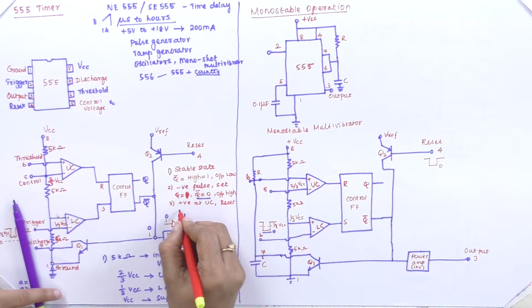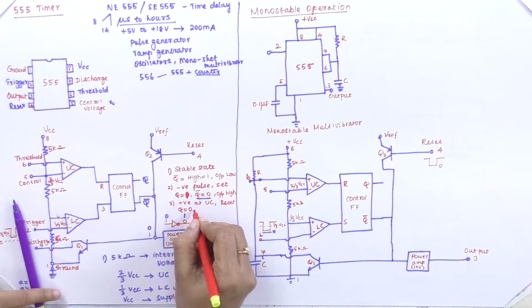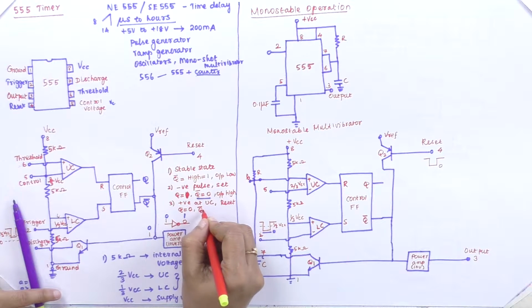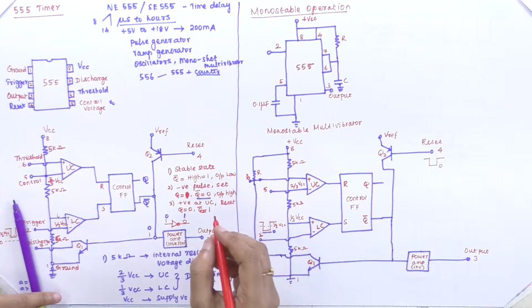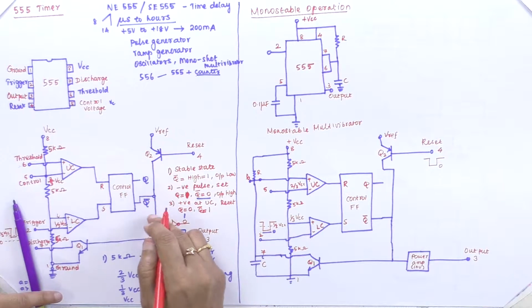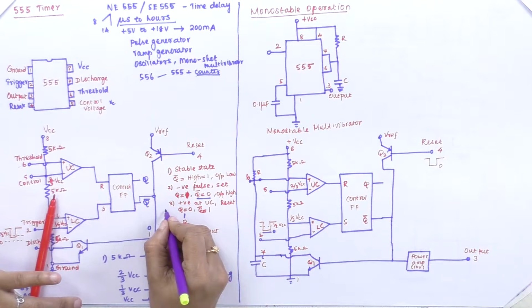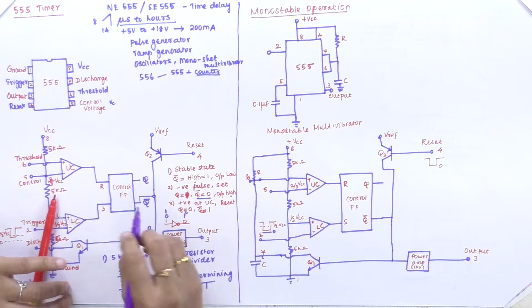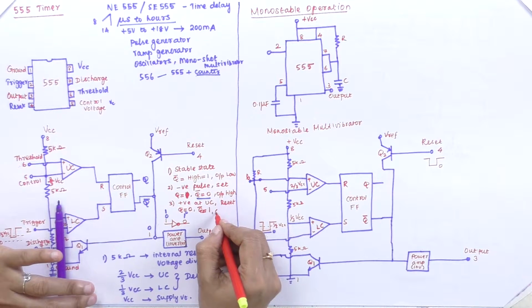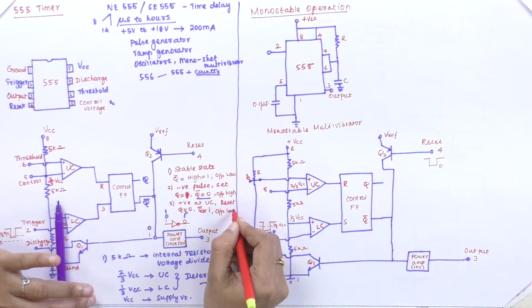In that reset condition, your Q becomes 0 and your Q bar becomes 1. So ultimately your Q bar becomes 1, then the output will become 0. Your output will be low.